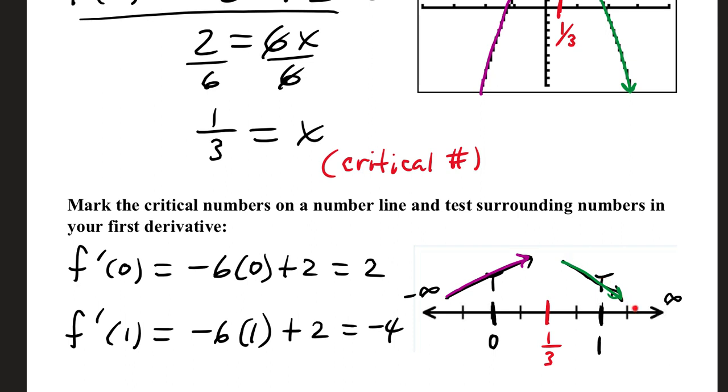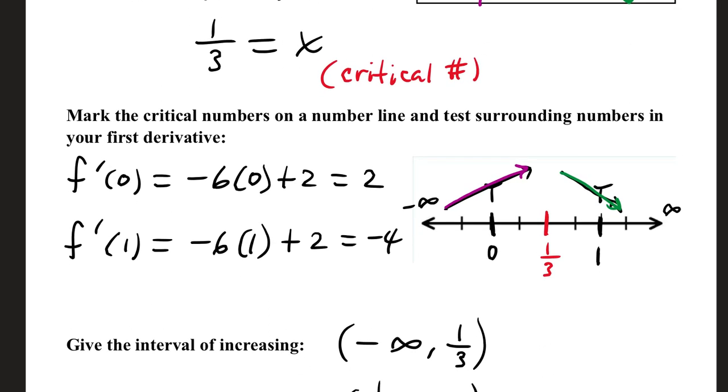And so we're decreasing to the right of the critical number. So increasing is negative infinity to 1/3. Decreasing is 1/3 to infinity, the right side of the critical number. The critical number is the cutoff for increasing and decreasing intervals.